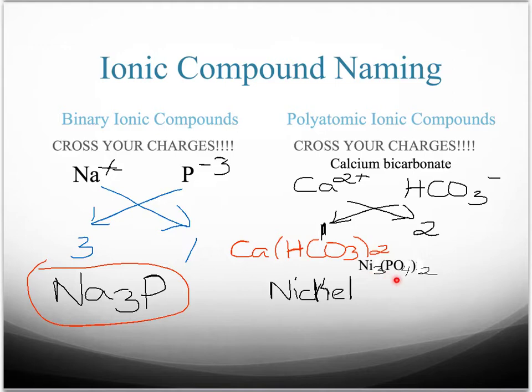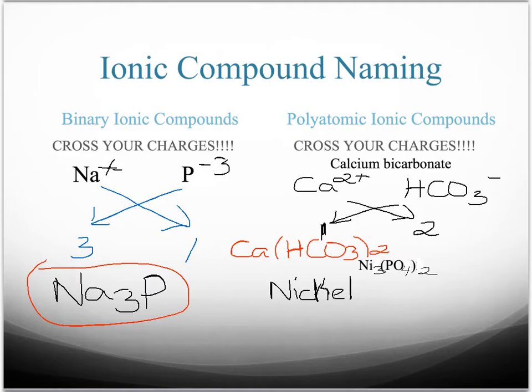So when you have a formula like this, it's almost like the charges are already crossed. So this 3 came from the PO4 to the nickel. And that means the 2 from the nickel came over to the PO4. Nickel is a transition metal, which means that it always needs to have Roman numerals. The Roman numeral tells you what the charge is on the transition metal.